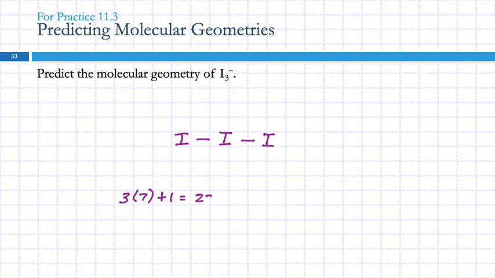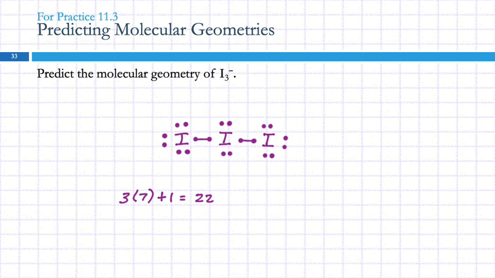So that gives me 22 electrons. So there's 2, 4, 6, 8, 10, 12, 14, 16, 18, 20.